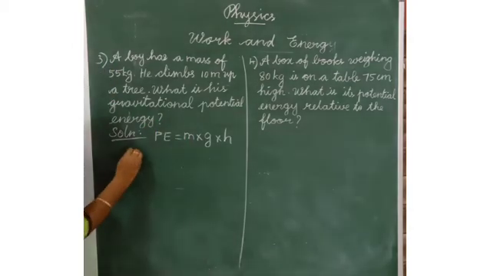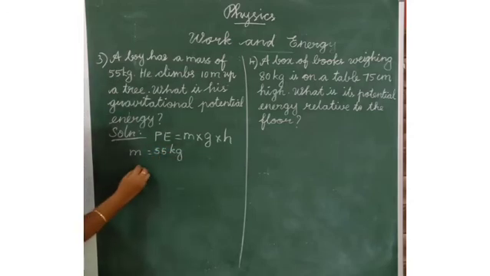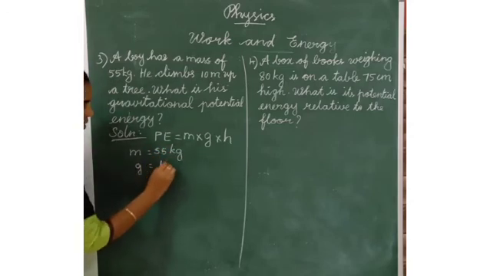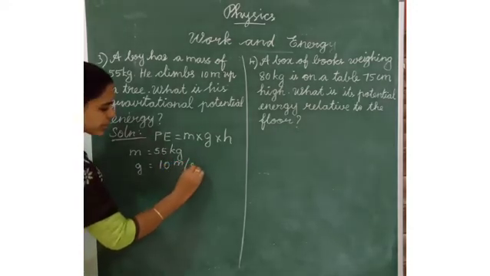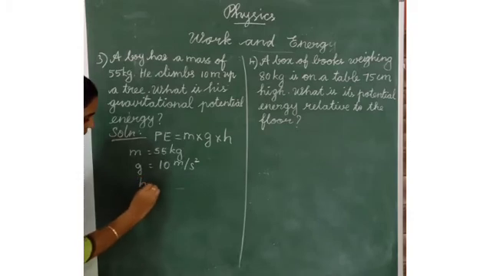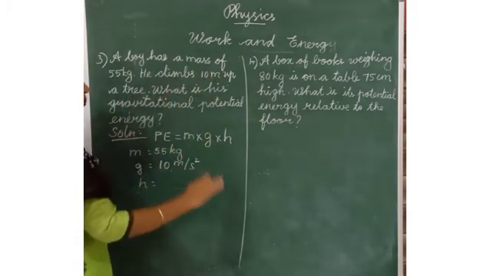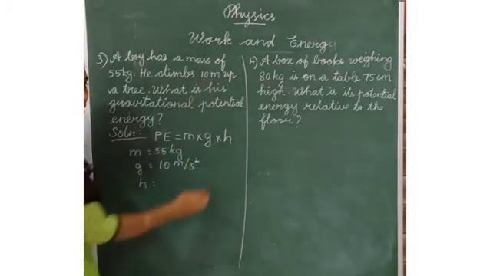Then h is the height of an object above the ground. Listen here. M is equal to 55 kilogram. G is equal to 10 meter per second square. Then height is equal to 10 meter up the tree, from the ground level 10 meter.